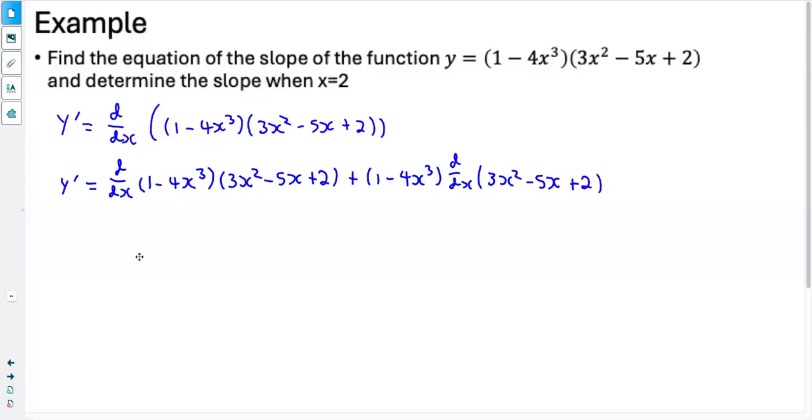So we'll take these derivatives now. So we've got y prime is equal to negative 12x squared times 3x squared minus 5x plus 2.